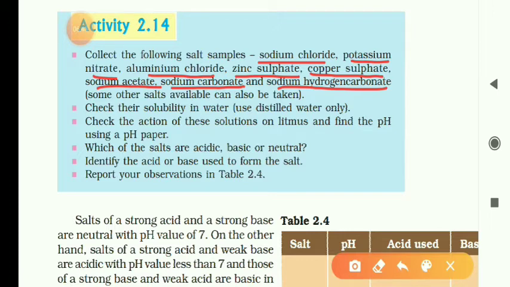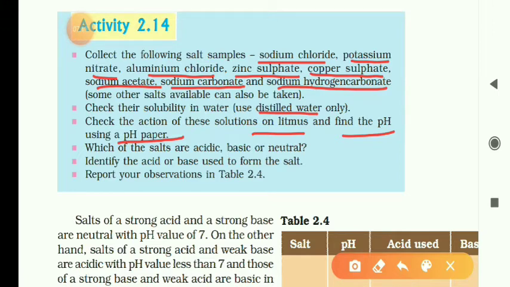Check their solubility using distilled water here. Check the action of this solution on litmus. For example, I have taken sodium chloride, neutral to the litmus, and find the pH by using the pH paper, that value is 7.